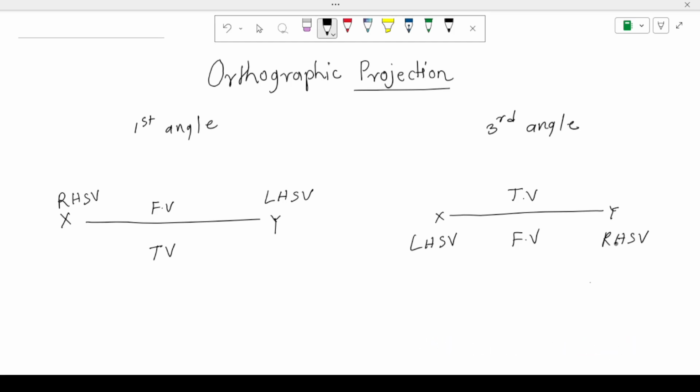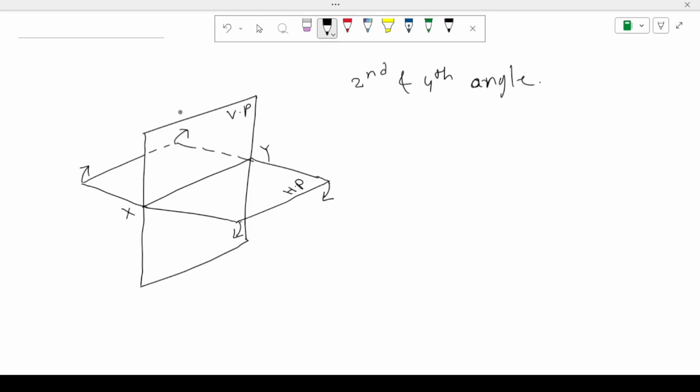And why are we not drawing orthographic projection in the second angle and the fourth angle projection? In second angle projection, whenever we place the 3D object in the second quadrant, the front view is formed on a vertical plane and the top view is formed on a horizontal plane. When this horizontal plane is rotated in clockwise direction, the top view collapses with the front view.